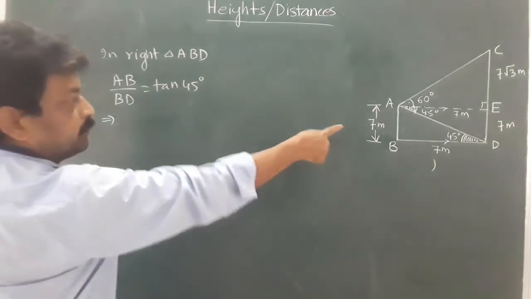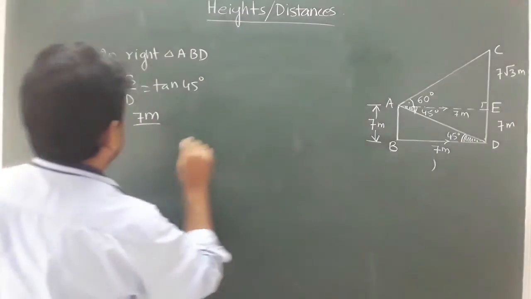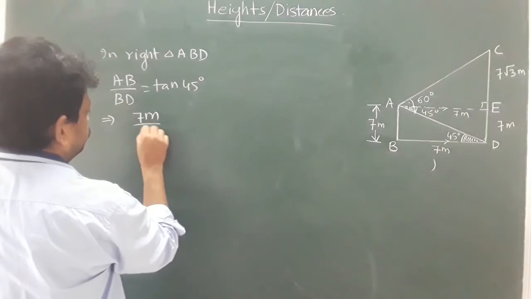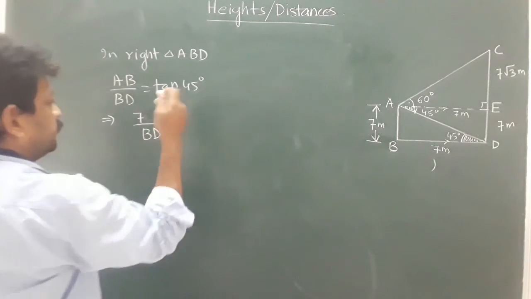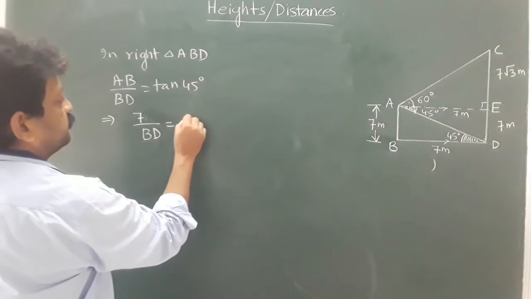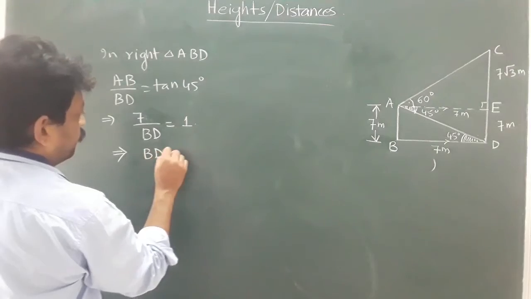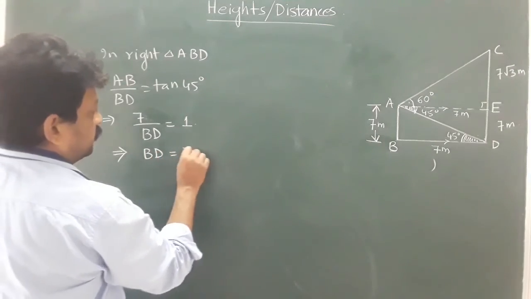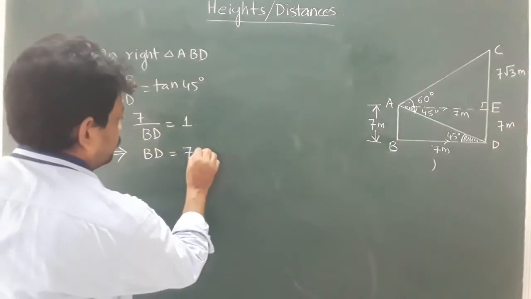So AB is 7 meter, BD is not known, so keep it as BD. The unit I will put later on, and tan 45 is 1, so BD is equal to 7, and BD is 7 meter.